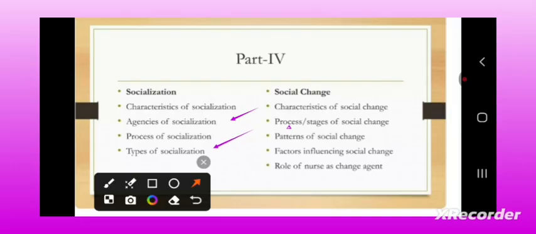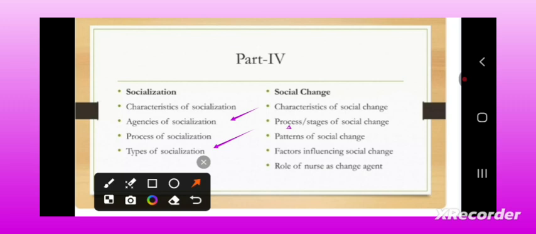Process of socialization. The process involves mechanisms through which learning occurs. Imitation: learning by observing and copying the behavior of others, especially role models. Suggestion: accepting ideas, beliefs, or courses of action proposed by others, often authority figures.